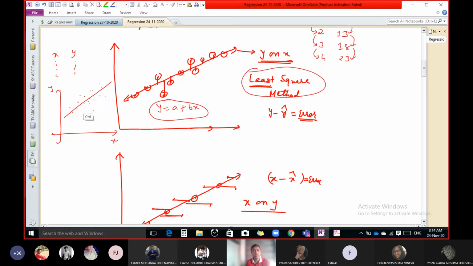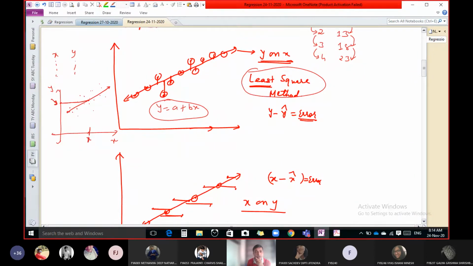Now let us assume we have a line like this. For the given value of x, if you want to find the value of y, this value of y is here. So we get the value of y for the given value of x.